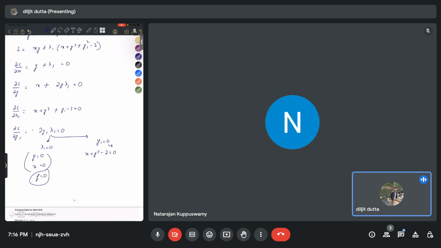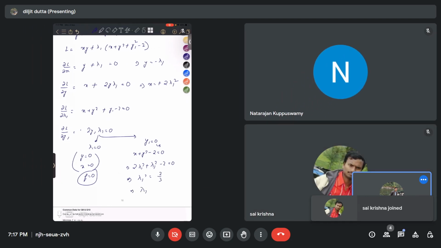So we can write x and y in terms of lambda 1. So y is equal to minus lambda 1, and x is equal to 2 lambda 1 square. So it is 2 lambda 1 square minus lambda 1 plus lambda 1 square minus 2 is equal to 0. Lambda 1 square is equal to 2 by 3.